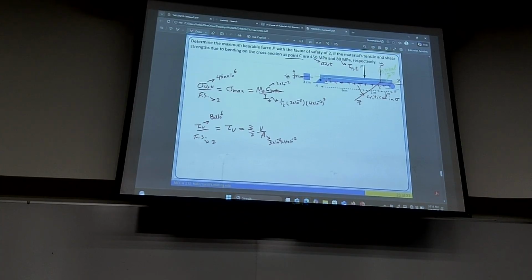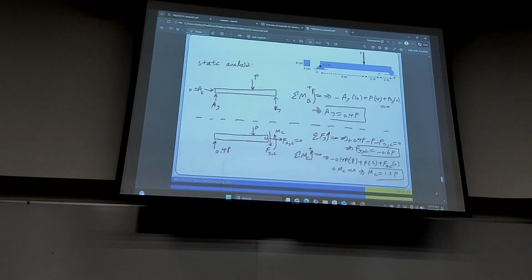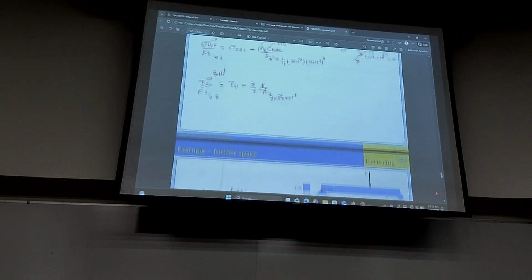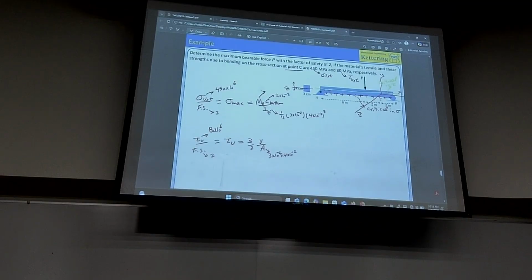Let's put this MZ, we said it is, and we're going after magnitude. So disregard the negative sign, it is 1.2 P, and then, again absolute value, this is 0.6 P. Now solve these two for P value in kilonewton.